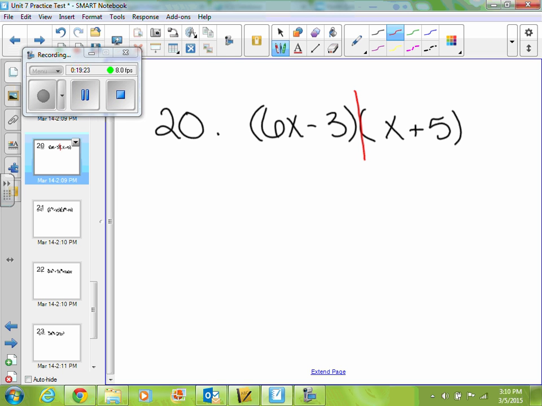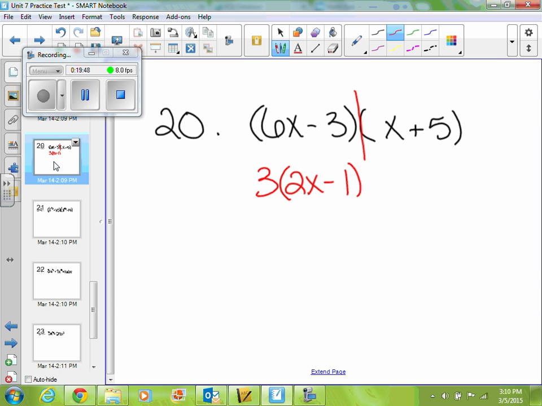So if I look at each set on its own, if I look at the left, is there anything that goes into a 6x minus 3? 3. So if I take away a 3 from each of those, 6x divided by 3 is 2x, and 3 divided by 3 is 1. Okay, if I come over here, is there anything that goes into an x plus 5 besides 1?